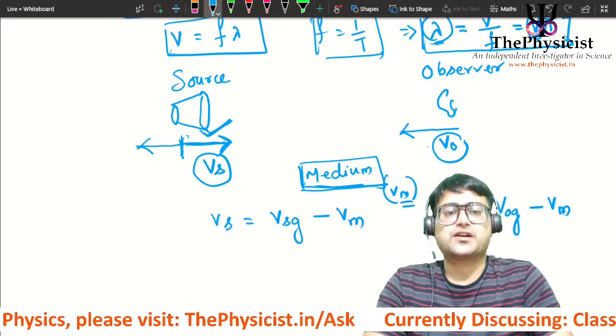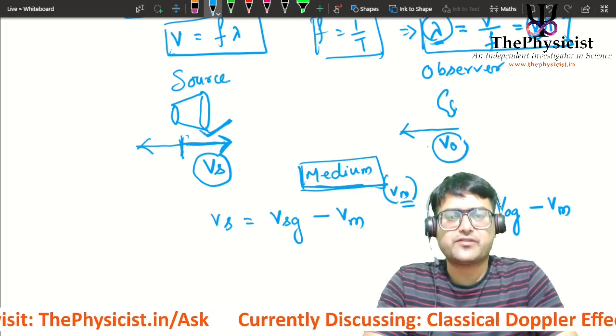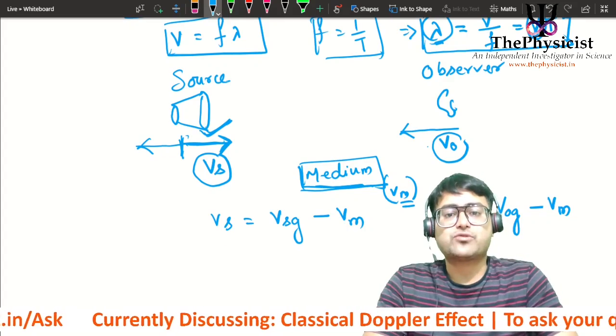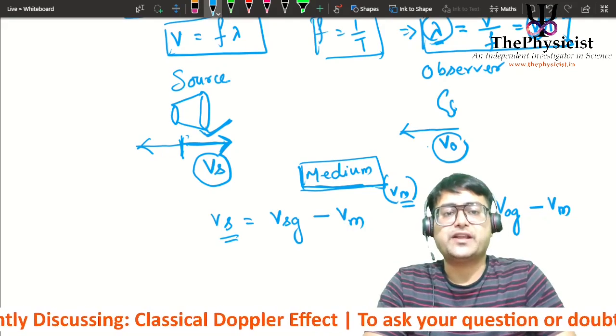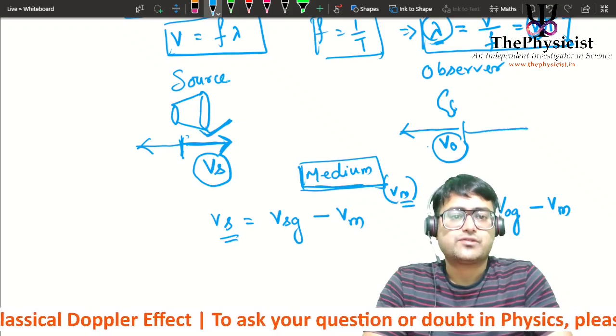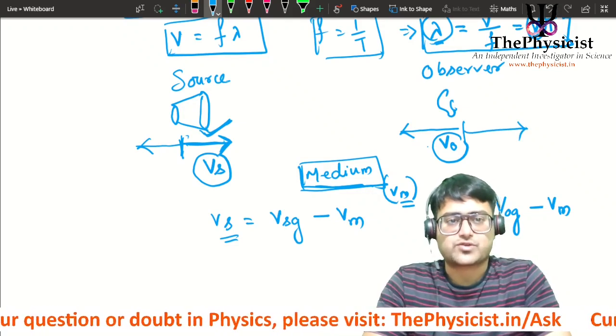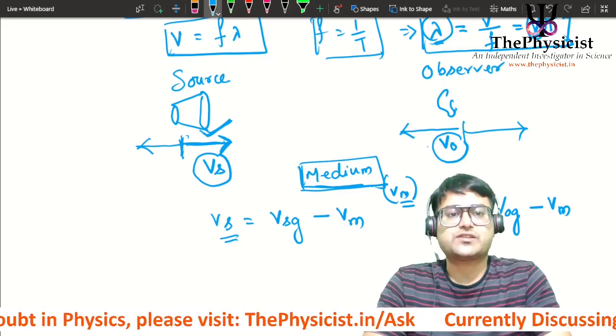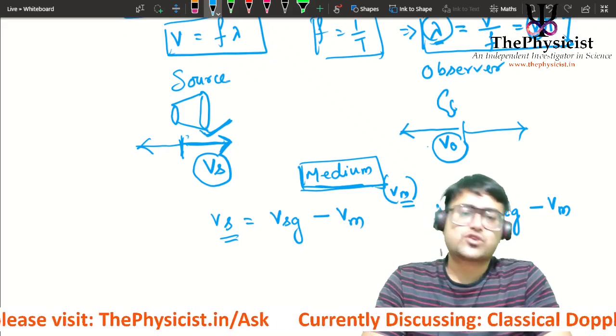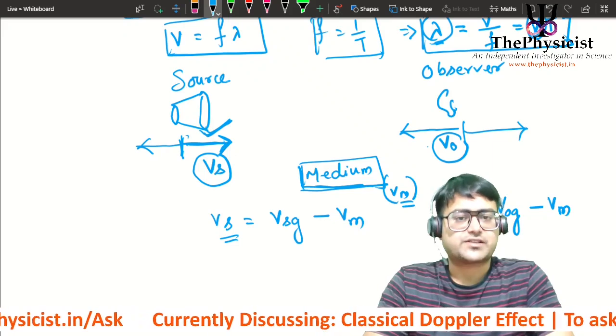Otherwise, in most cases it will not be given. So the observer can move towards the source or away from it, and if it is towards the source, we simply call it Vo, and if the source is moving towards the observer, it is Vs.